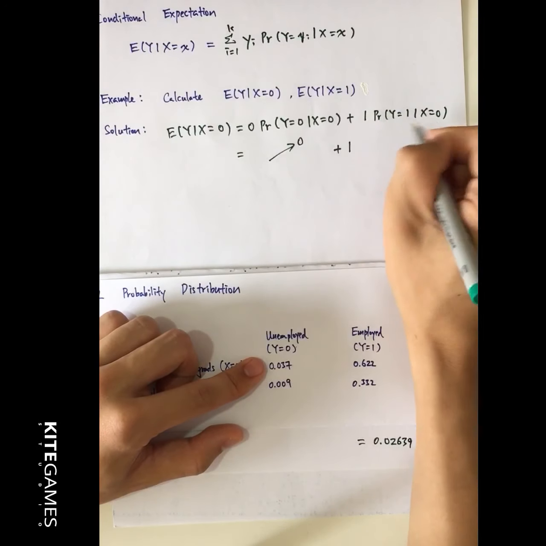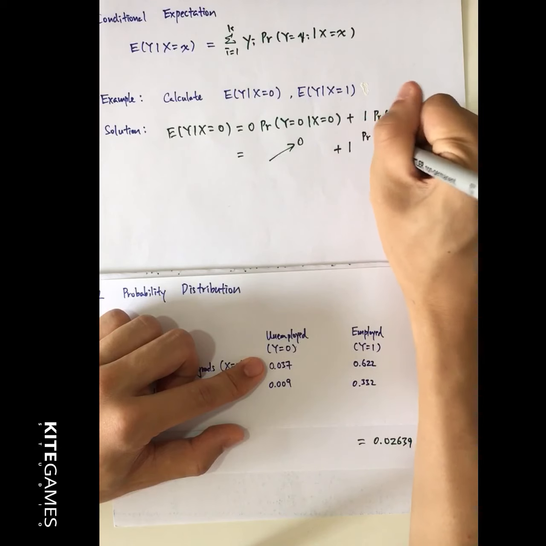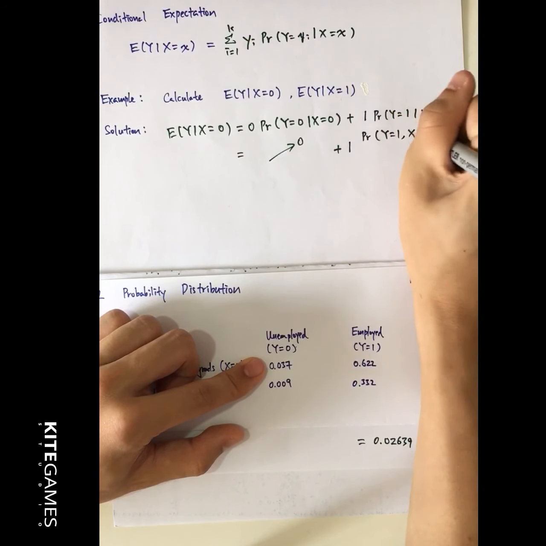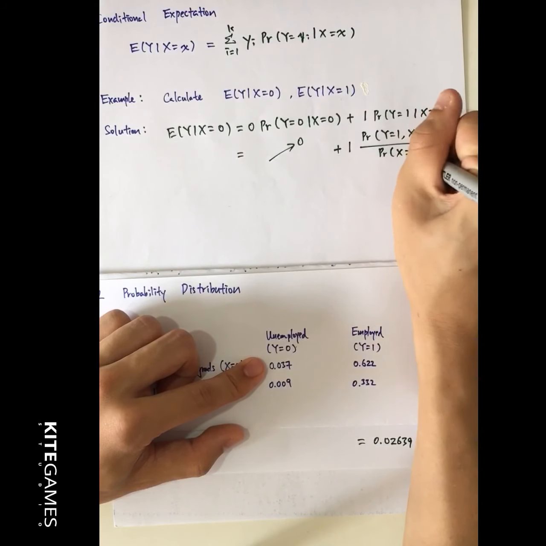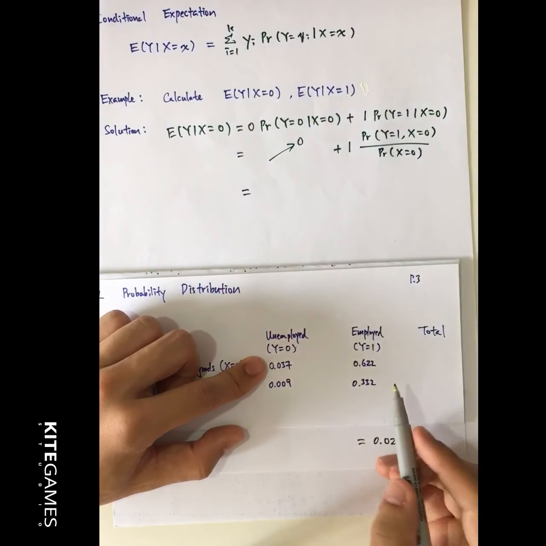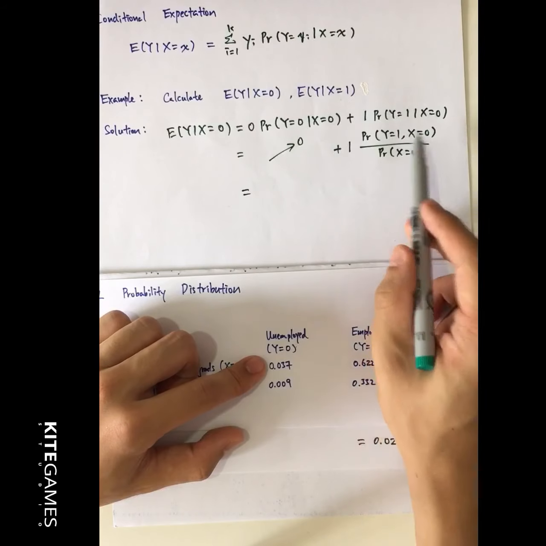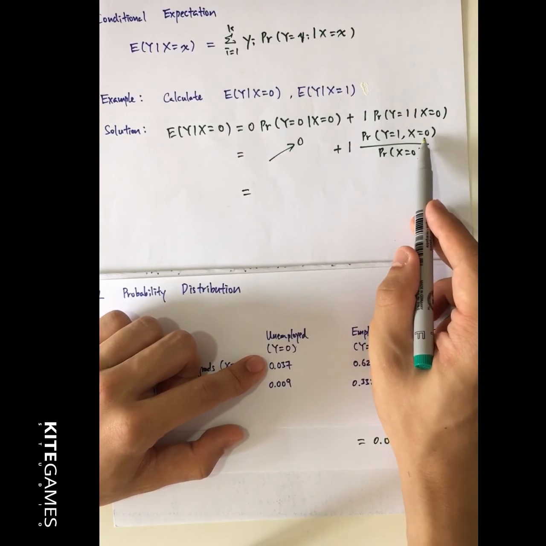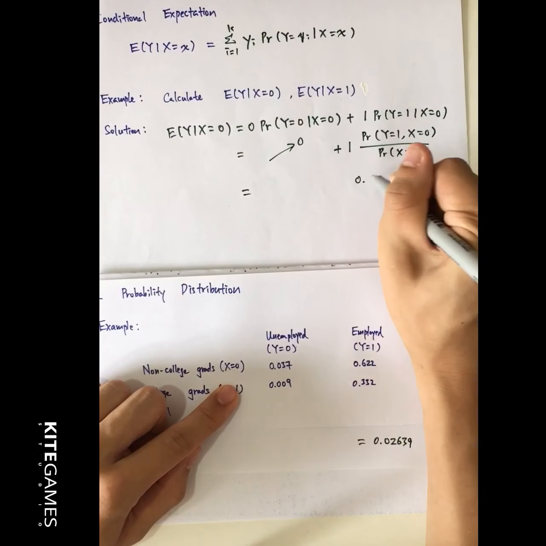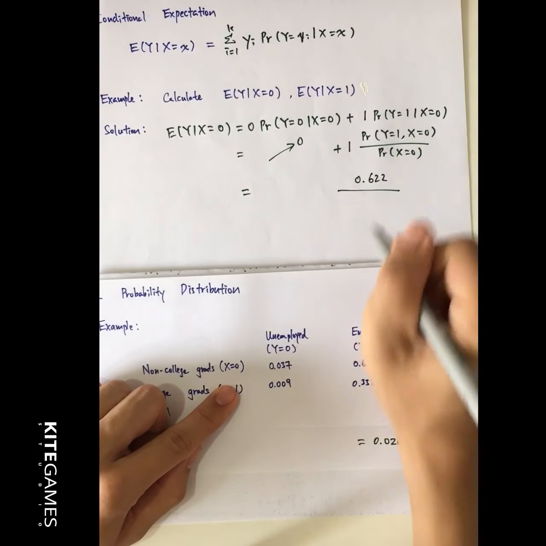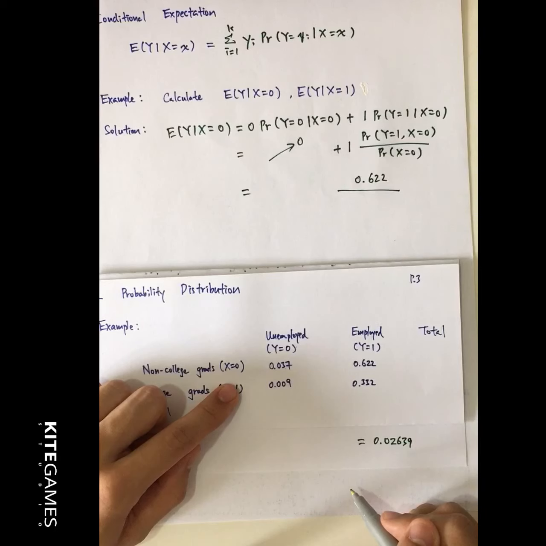Then the conditional probability means the joint probability divided by the marginal probability. By simple math, the joint probability that x equal to 0 and y equal to 1 is 0.622, divided by the marginal probability.